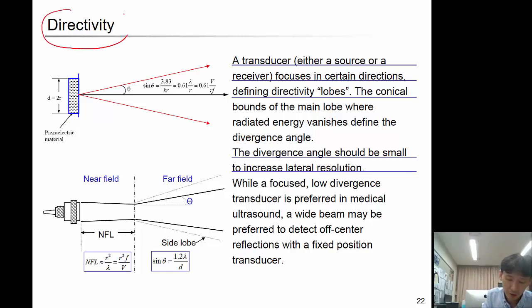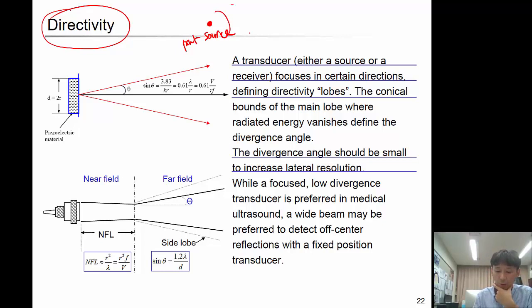Directivity is, when you have a piezoelectric material, how much directivity is produced, or how much directivity it shows. For example, if it's just a simple point source, it doesn't have directivity.